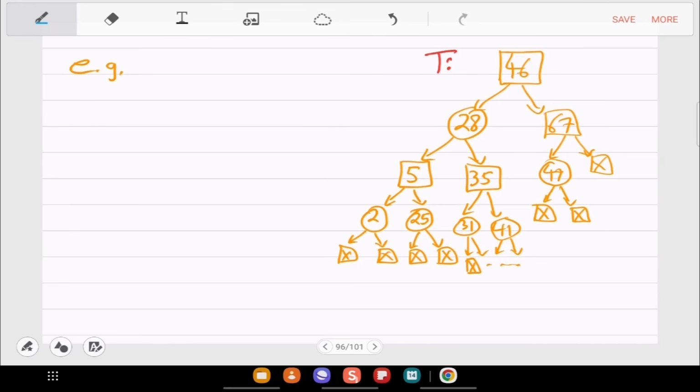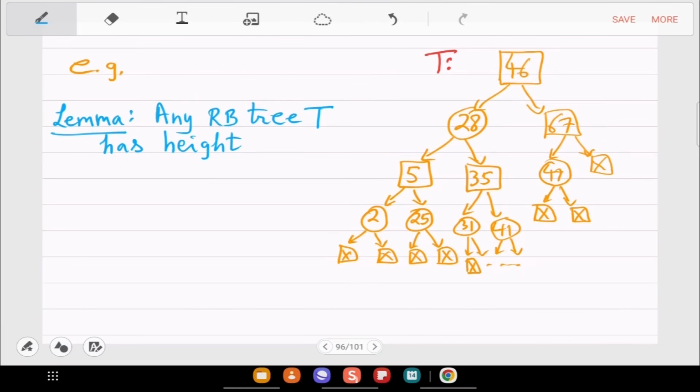Okay, so the property that we want to show is that any red black tree has overall height at most log of the size of the tree.